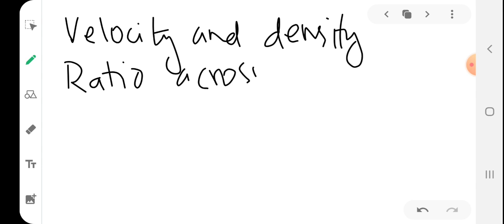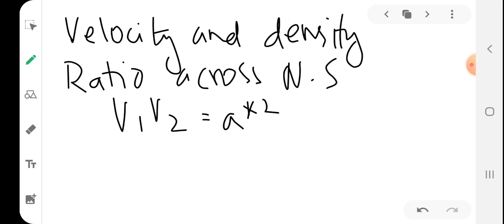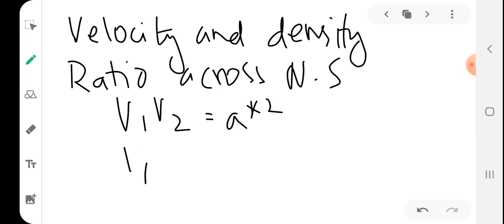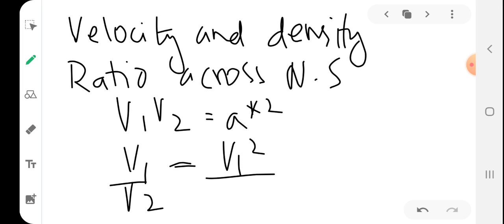Across normal shock. So you know that V1 into V2 is equal to a star square, right? So V1 by V2 is equal to V1 square by V2 V1.